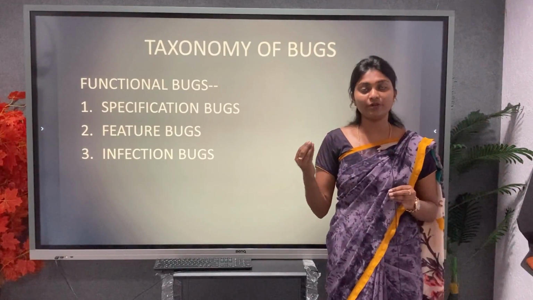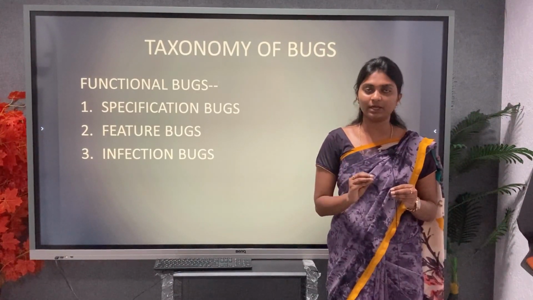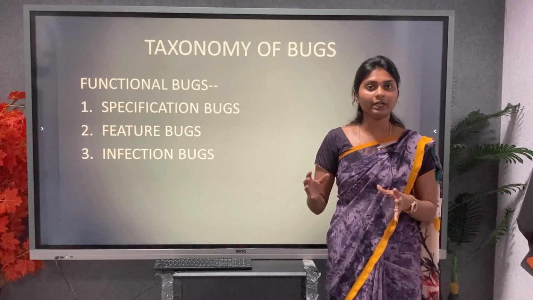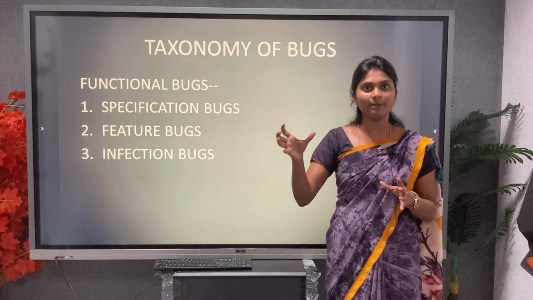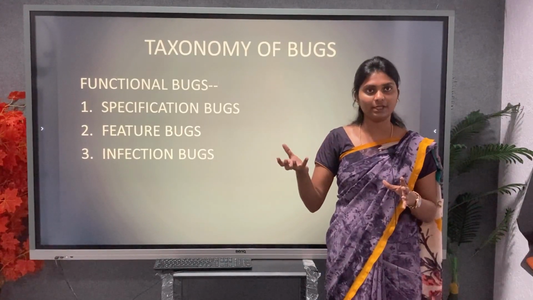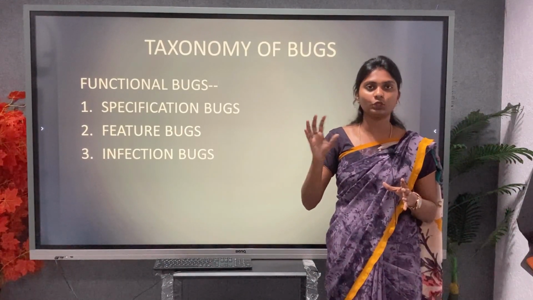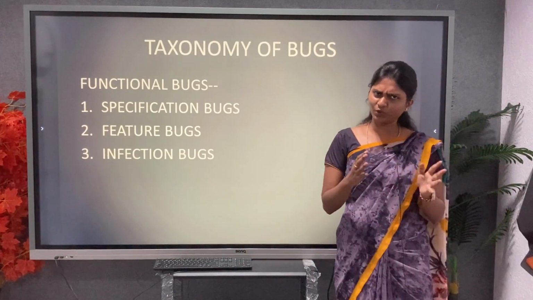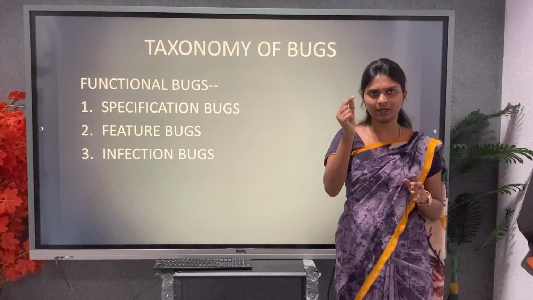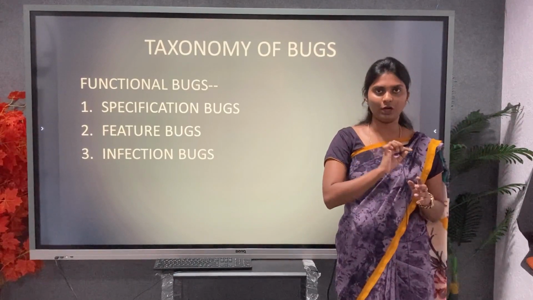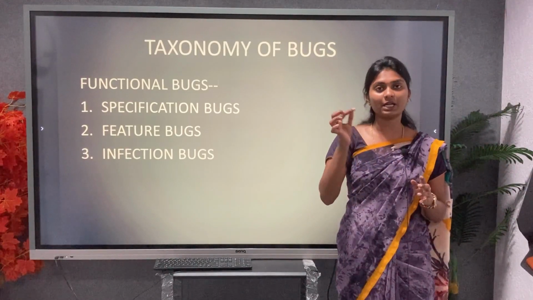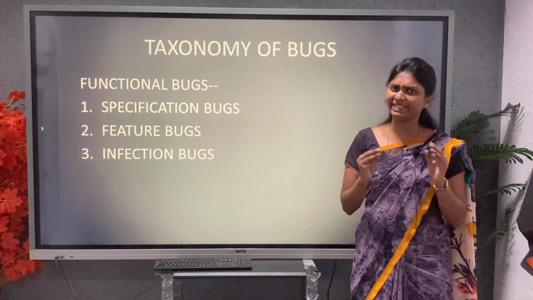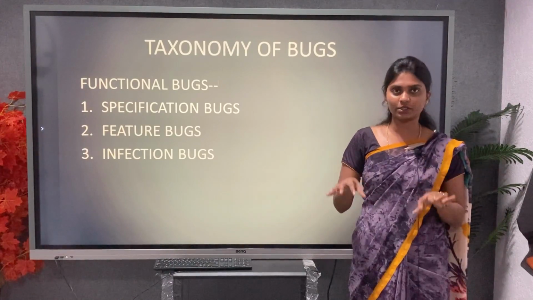Coming to failure: failure is the total system failure, for example an incomplete database or faulty coding of a database, and then the total system will fail. So what is the difference? If a single bug occurs, it is a fault or a defect. When it comes to failure, the complete system collapses. So there is a difference among bugs also.